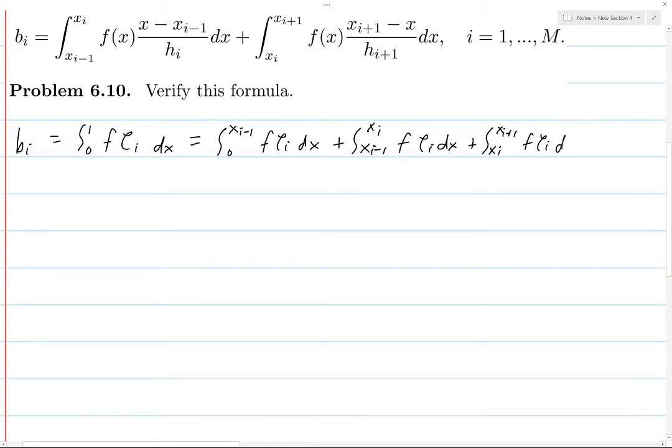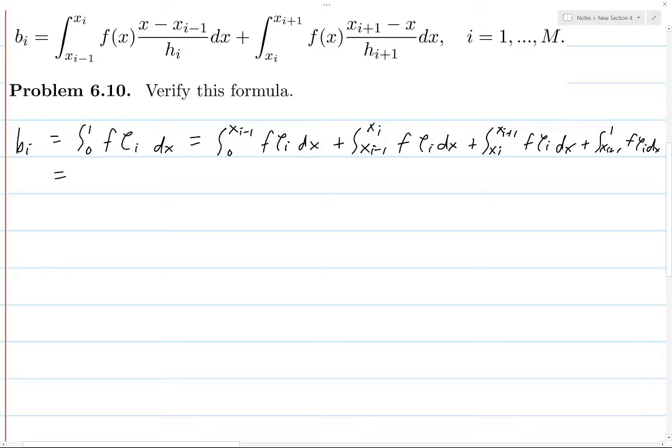One goes from 0 to xi minus 1. One goes from xi minus 1 to xi. One goes from xi to xi plus 1. And one goes all the way from xi plus 1 to 1. Sorry, I scrunched everything in there at the end, but don't worry about it.